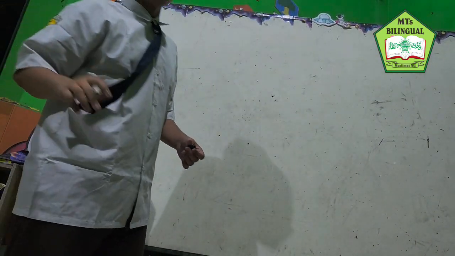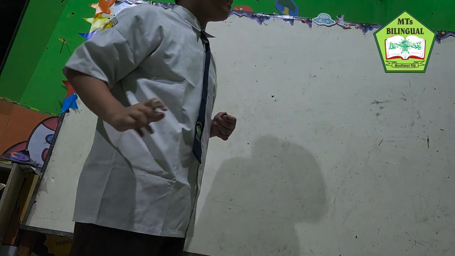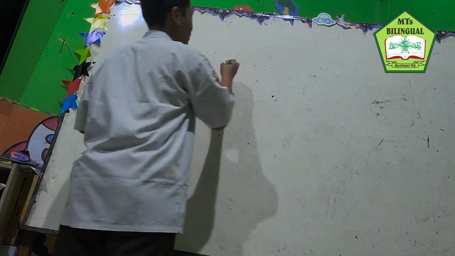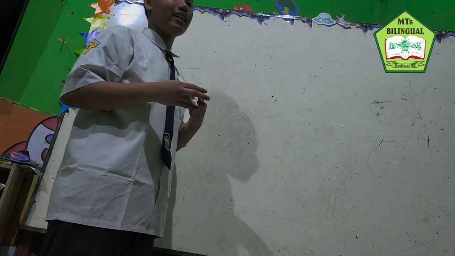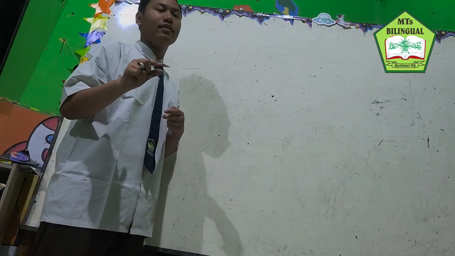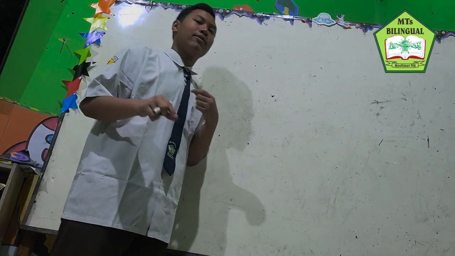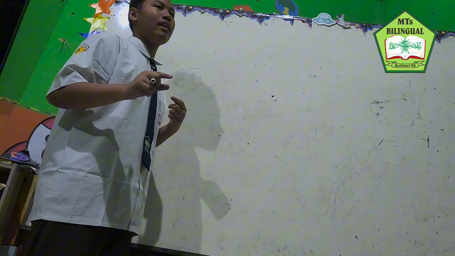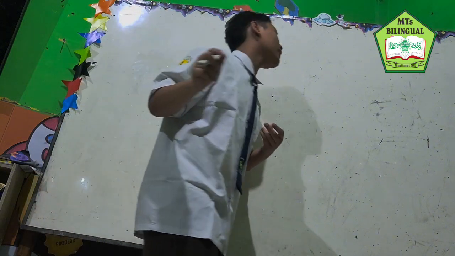For the mirror, there is an interesting formula that you must know. If there are two plane mirrors set at an angle and you put the object in the middle, the mirrors produce many images.